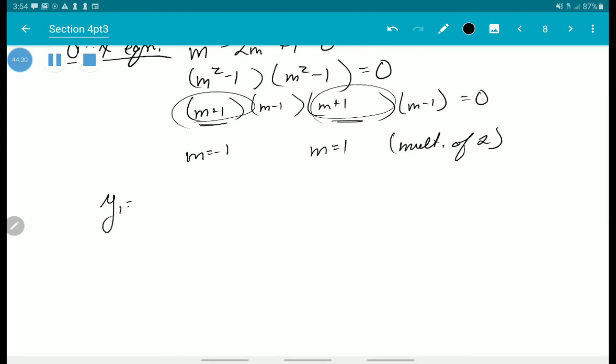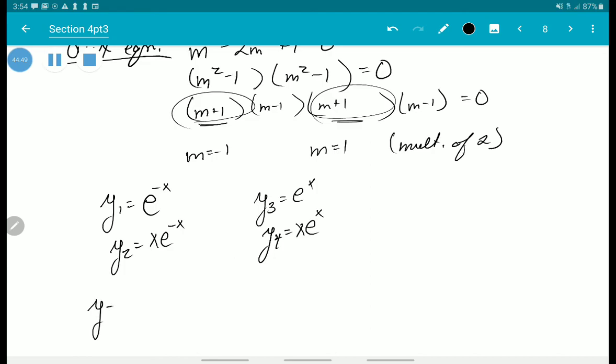So our y1 would be e to the negative x. y2, we could say, is x e to the negative x. y3 would be e to the x, and then y4 would be x e to the x.